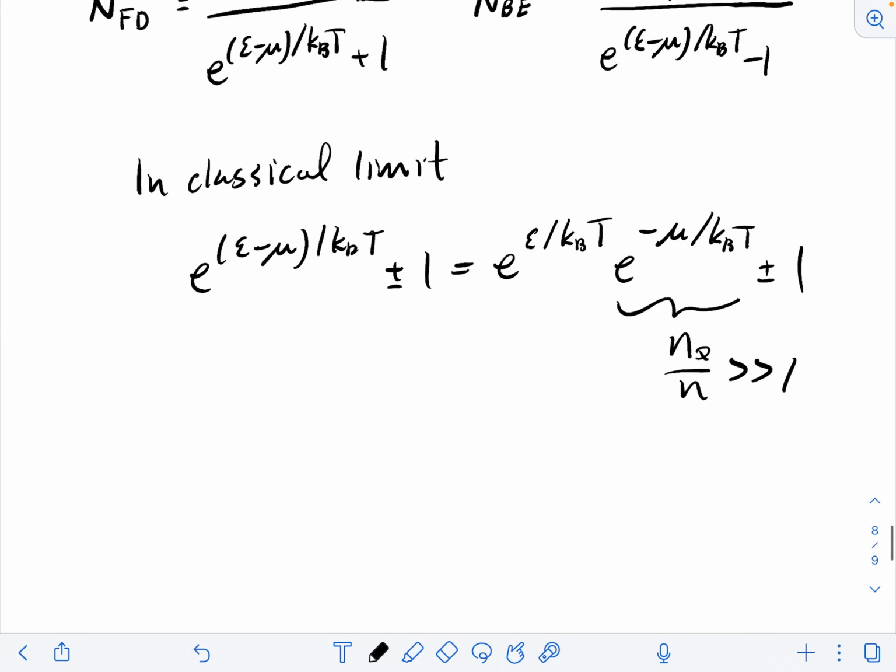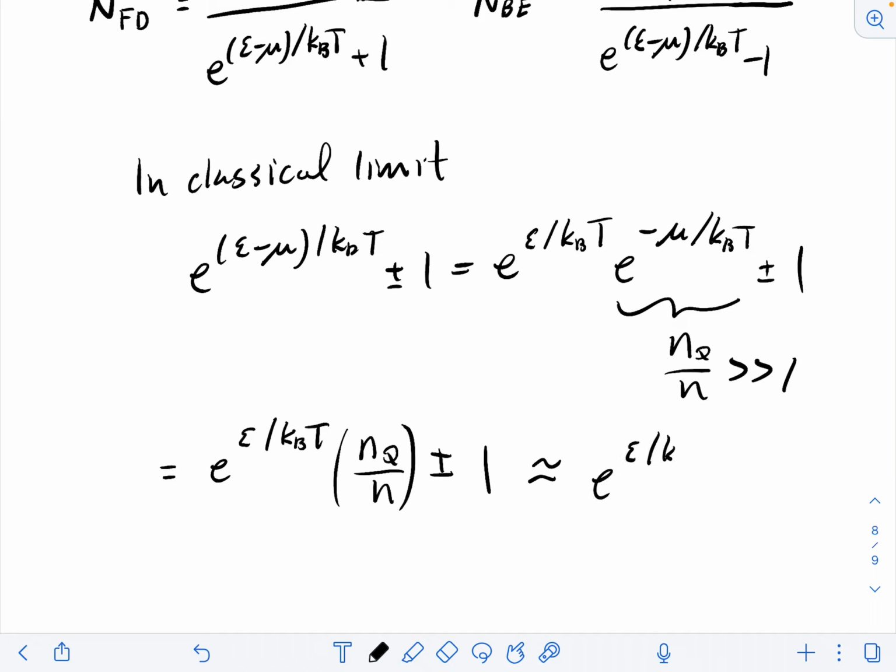Therefore the denominator is e to the epsilon over kBT times nq over n, plus or minus 1. But because nq over n is so large, the plus or minus 1 doesn't matter, and this is approximately e to the epsilon over kBT times nq over n.